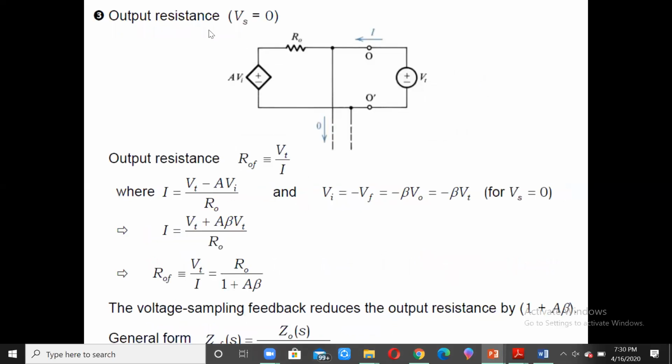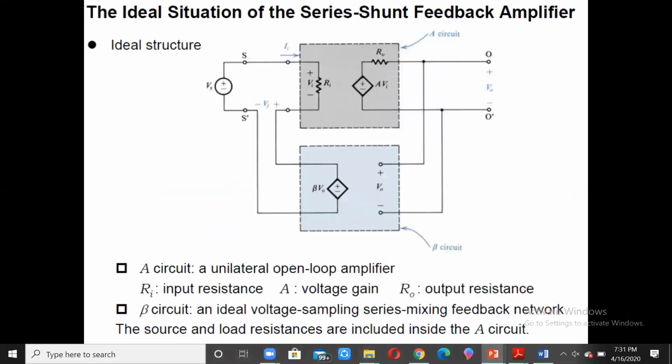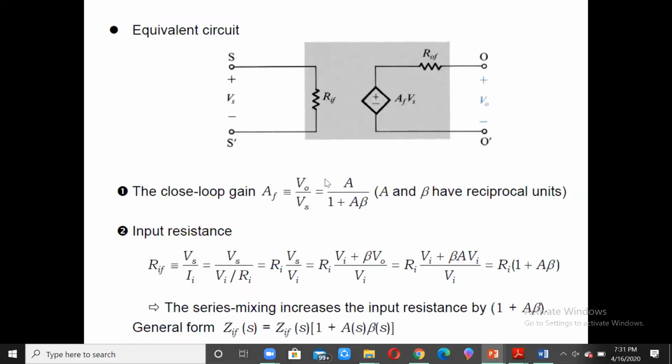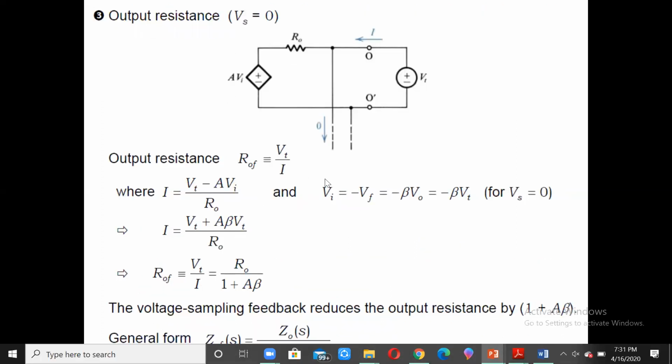So having finished with the input impedance, what will be the output resistance we need to consider? For this, we put the signal voltage Vs equal to 0. If we make the signal voltage 0 over here, then this is a short, and we are left with only this particular circuit with whatever arrangement is shown there.